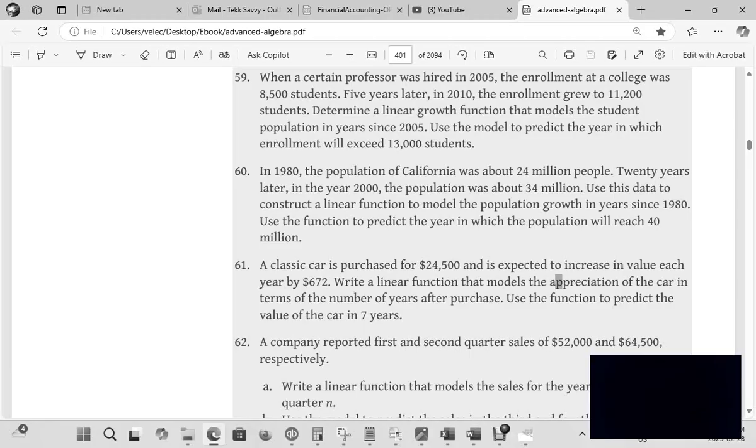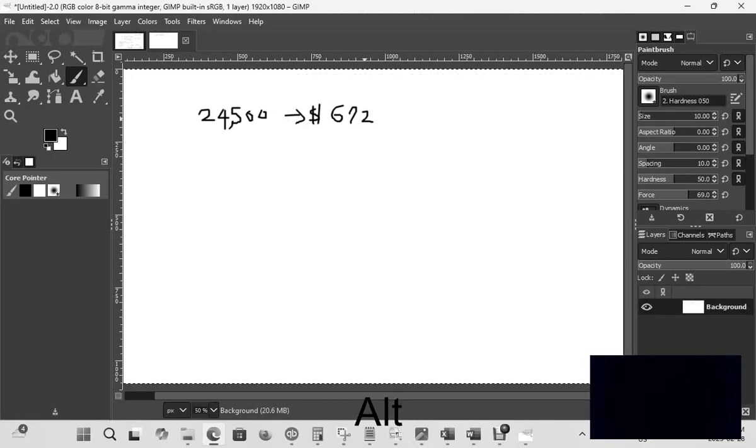So we know that the retail price is 24,500. This will be your base. So we know that Y equals 24,500. This is what you start off with in terms of the value of the vehicle. And then you gradually increase the price of the vehicle as you store it for more than a year.